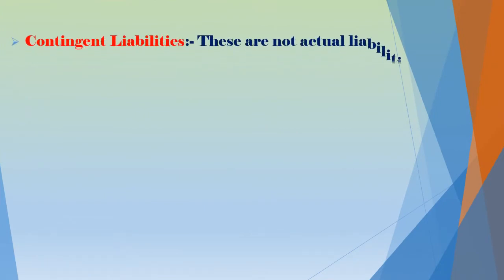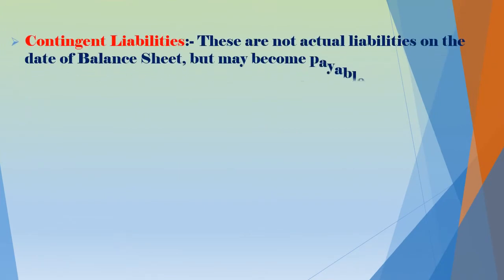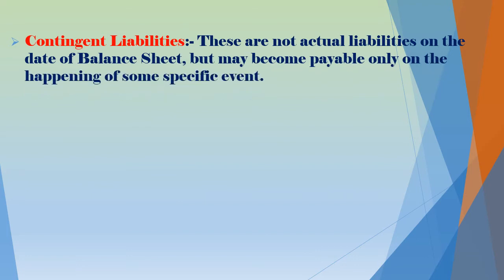Contingent liabilities. These are not actual liabilities on the date of the balance sheet, but may become payable only on the happening of some specific events. So there are some liabilities that you have to owe to others. Like suppose you have taken goods from a supplier in the month of June, and you know that you have to pay that supplier, because that is your liability that you know about.